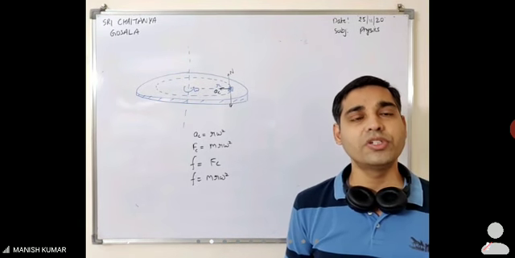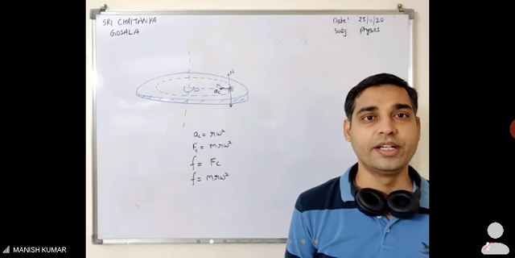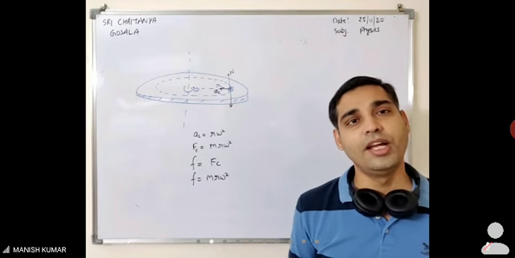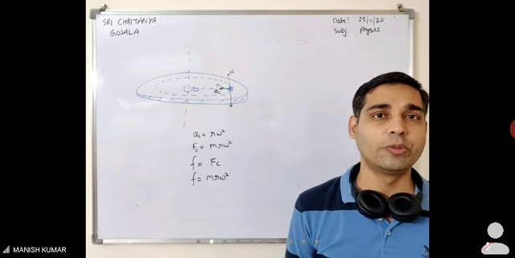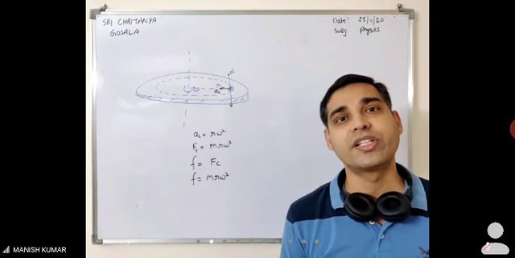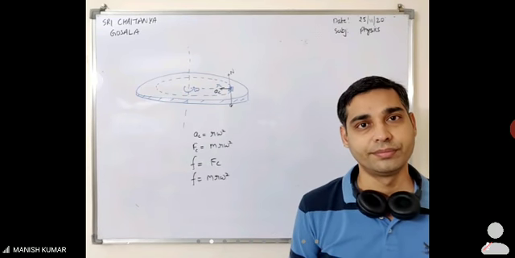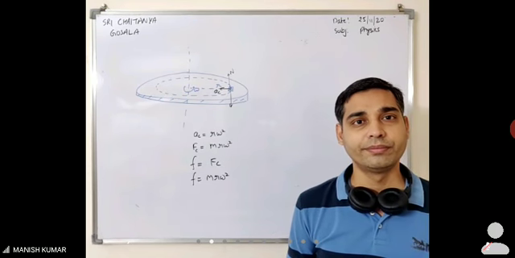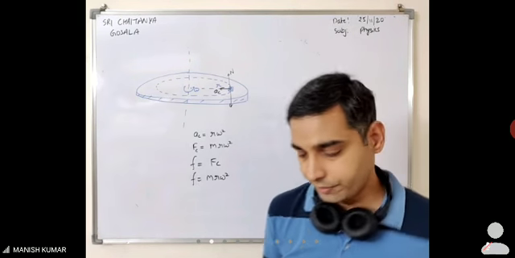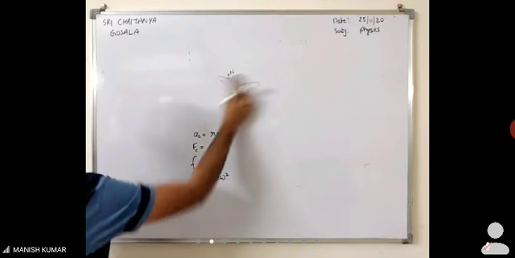So centripetal force is not a real force. Understand this. It is not a real force. The real force could be tension, friction, gravitation, or electrostatic, and they may behave as a centripetal force when they are acting towards the center. Okay? Now, so this is centripetal force.